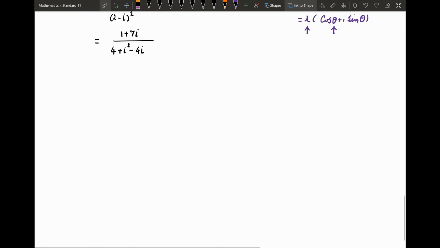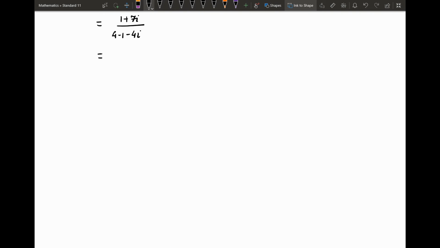Further simplification is 1 plus 7i, i square is minus 1, so 4 minus 1 minus 4i. So further simplification, 1 plus 7i upon 4 minus 1, 3 minus 4i.